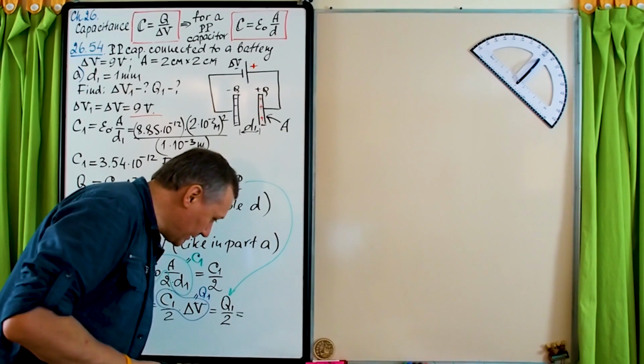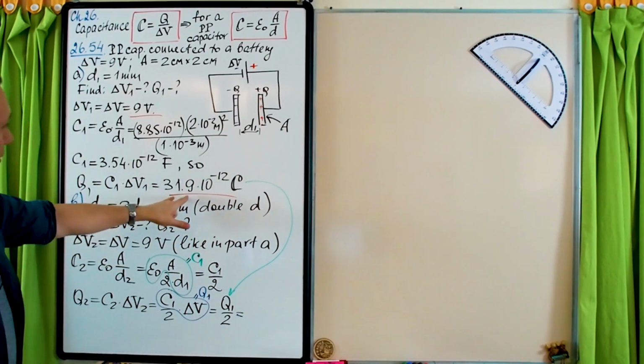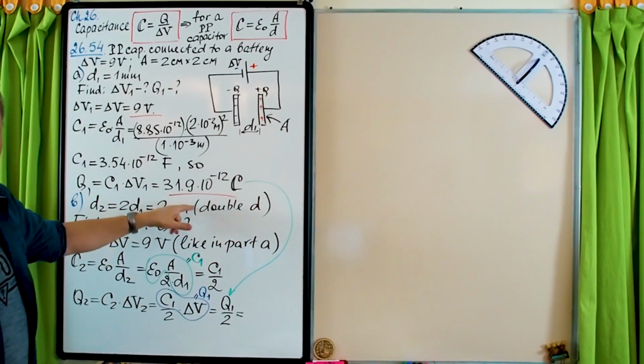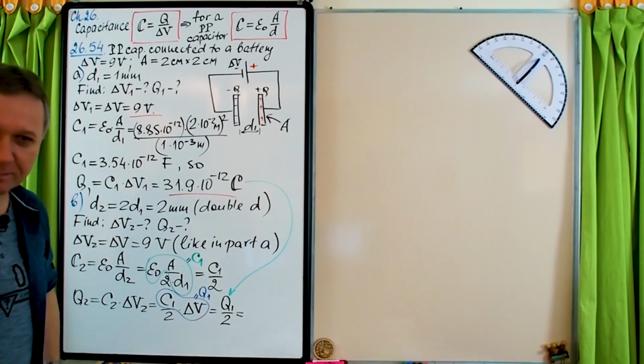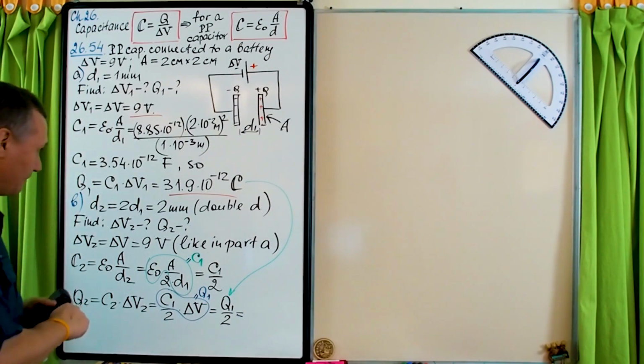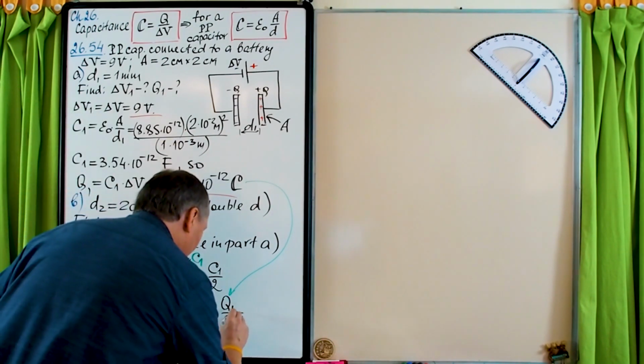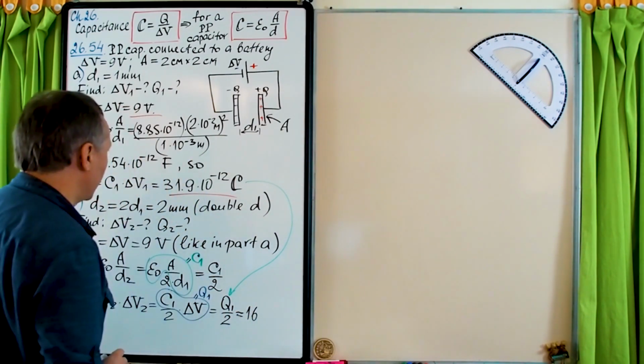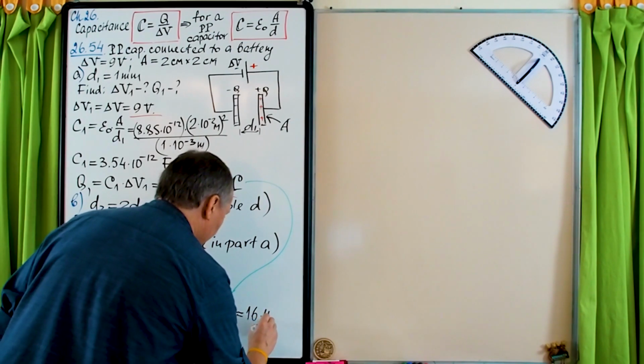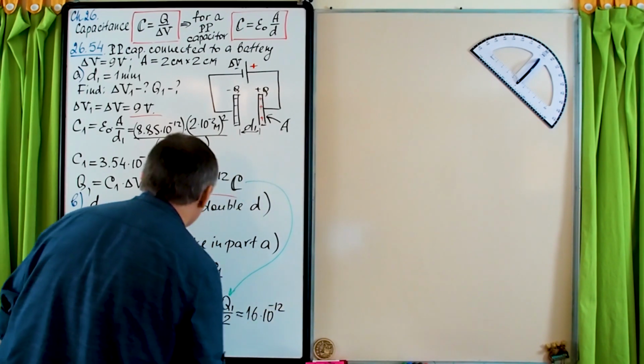And the answer is basically almost 32 divided by 2. It will be, give or take, 16. So it will be approximately 16, again, picocoulombs, but let me write in terms of 10 to the power.